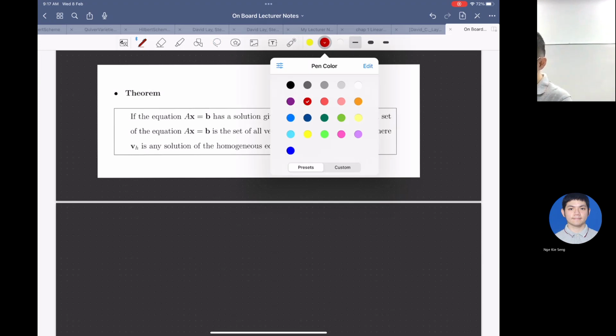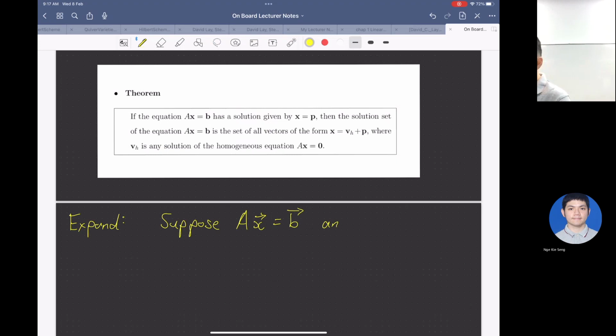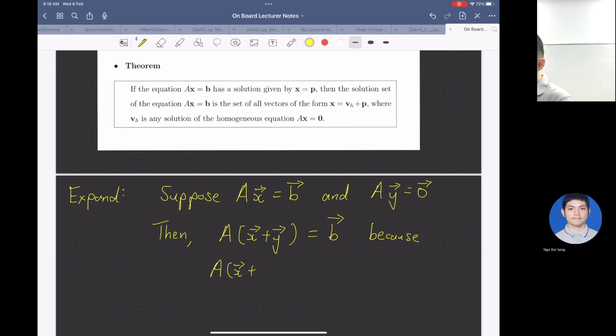To spell it out, let me expand a bit. Suppose Ax = b and Ay = 0, then Ax plus Ay is equal to b, because A(x + y) equals Ax plus Ay, which is b plus 0.